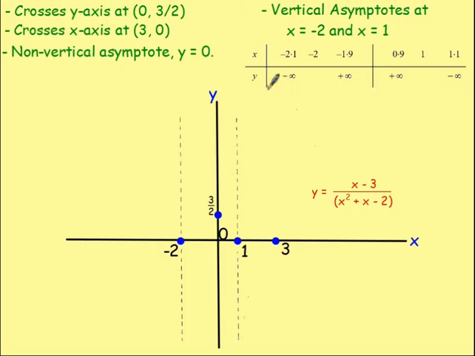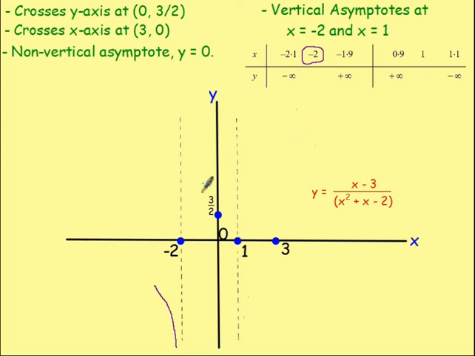Again, when I'm drawing it, I would probably start with the vertical asymptotes. So, taking -2 first of all, to the left of -2, what's happening? Well, I know the graph is going towards -infinity, so the graph for this one must be looking something like that. It's going to get closer and closer to that line, but it's not going to touch.